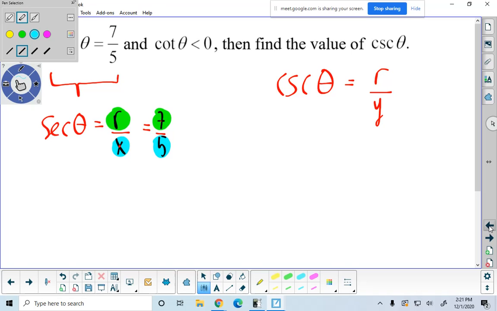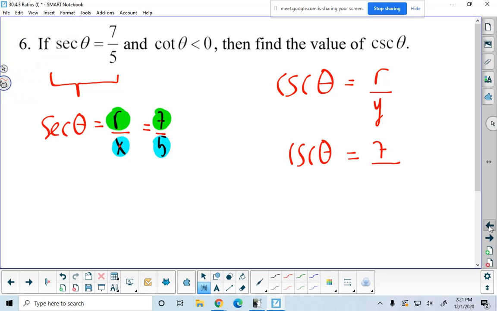Don't forget what's on the right side of the screen is what we are after: cosecant of theta. We know r is 7; we just have to find y. We can find y using x squared plus y squared equals r squared, because we know x is 5.